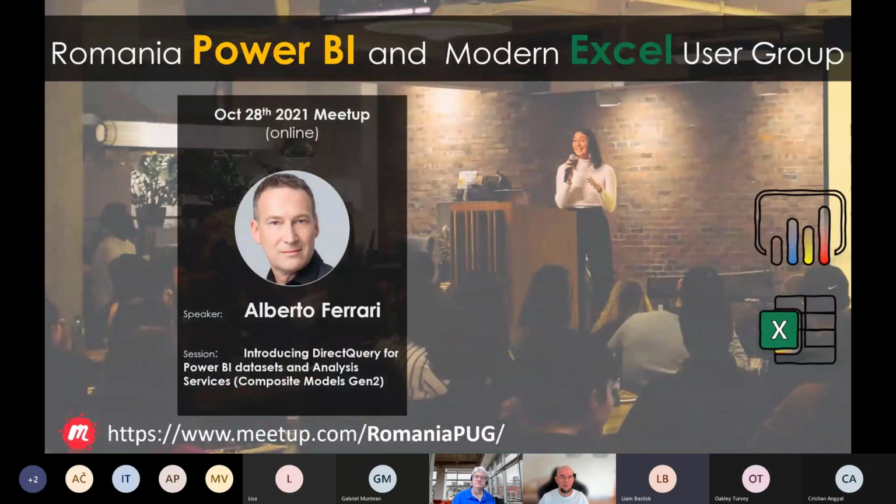Our next meetups. In October, we have Alberto Ferrari presenting the composite models Gen 2, or the official name, DirectQuery over Power BI datasets and Analysis Services. It's a really long name, but it's composite models Gen 2.